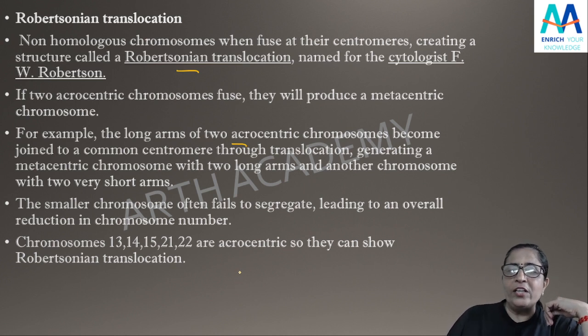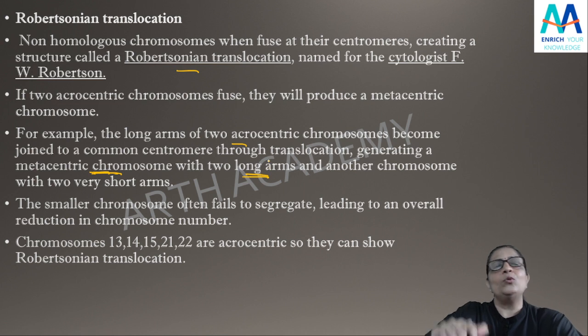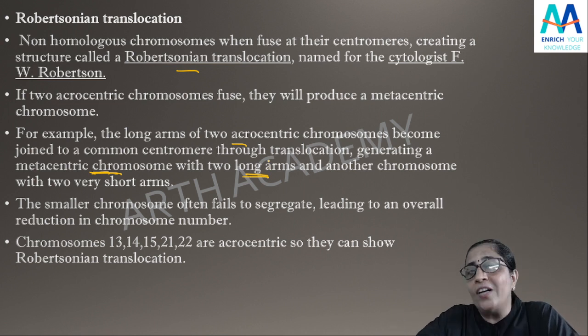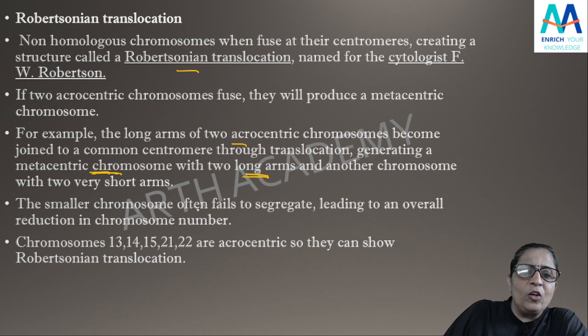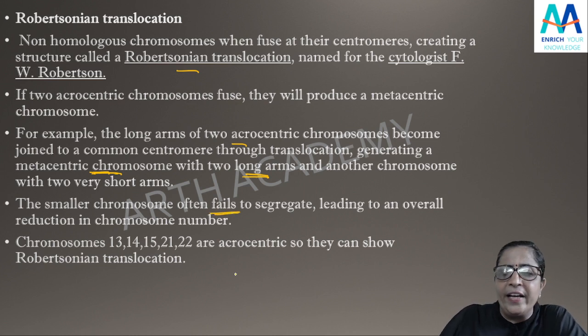Through translocation, generating a metacentric chromosome with two long arms, and another chromosome will become with two short arms. Yes, this is what is called as a Robertsonian translocation. The smaller chromosome often fails to segregate, leading to an overall reduction in the chromosome number.